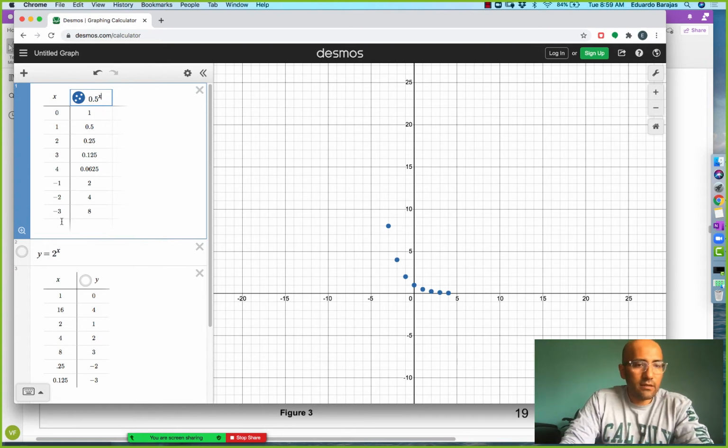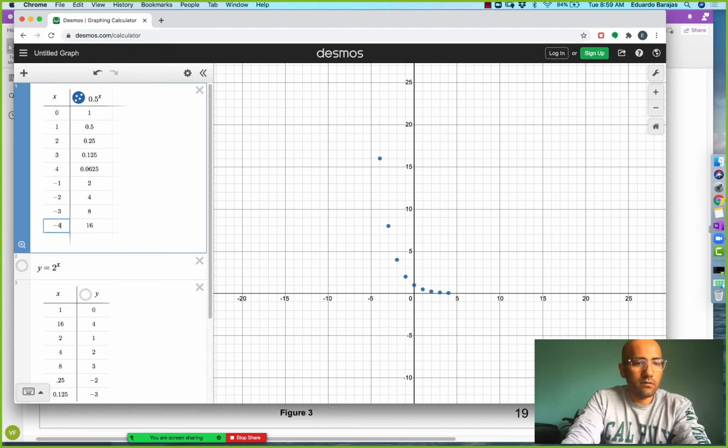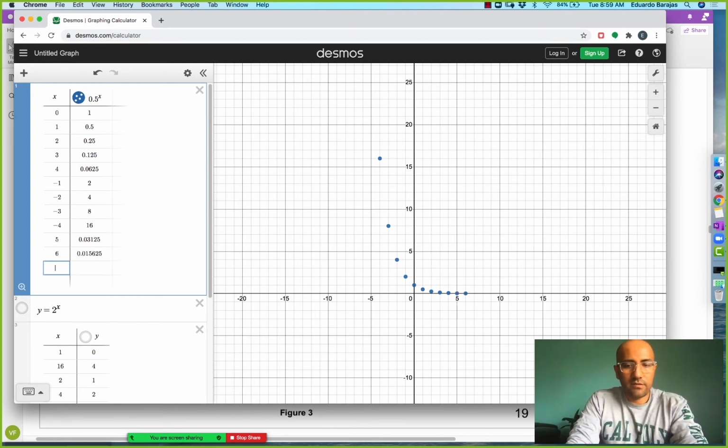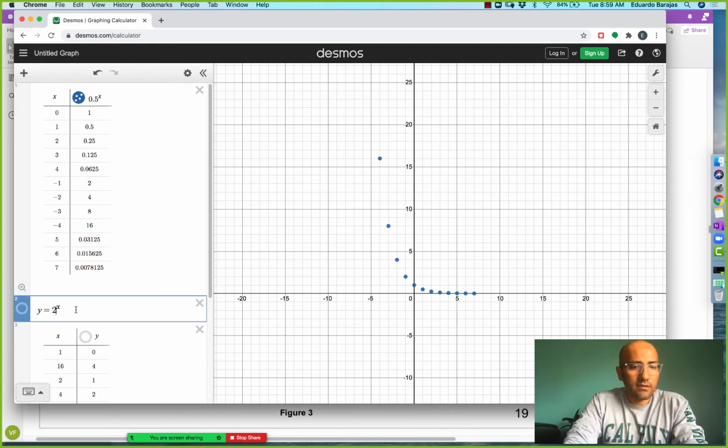We can always add a little more. How about negative 4? We can also add some more values this way. How about 5, 6, 7? Okay, so we start to see the general shape of an exponential function with base 1/2.